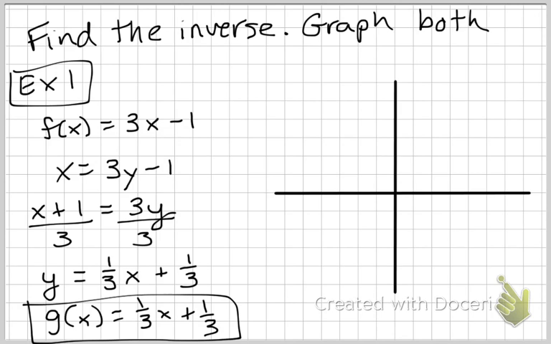All right, let's graph them to see if they work out. My original function looks like this, with a y-intercept at -1 and a slope of 3. My second function has a y-intercept at 1/3 and a slope of 1/3, so it looks something like this.